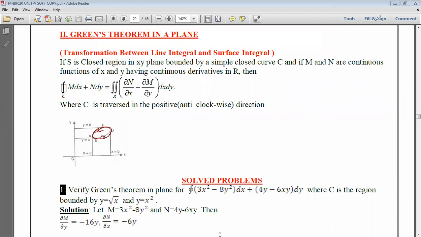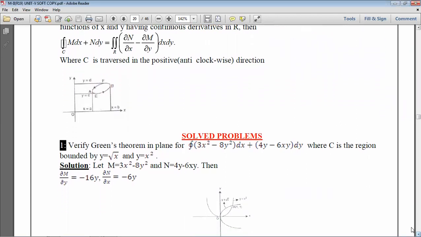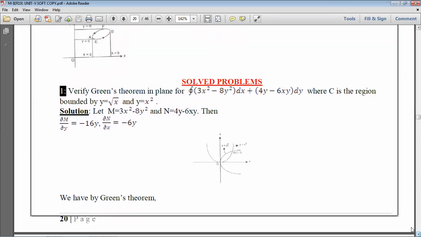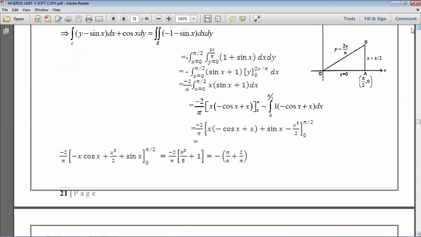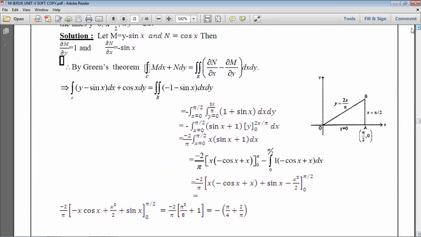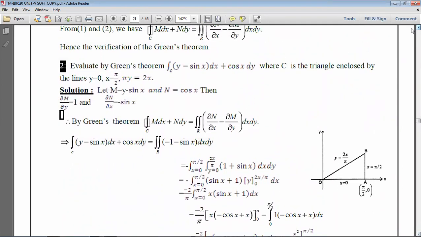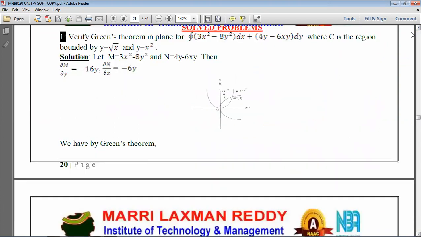So first one, very important problems are what we are going to discuss. Here, first one: verify Green's theorem in a plane.